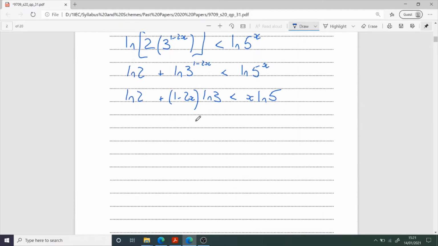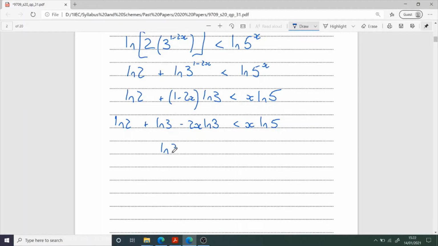We're going to need to isolate the x to get x by itself. I'm going to do this by expanding the term on the left hand side here. So we get ln3 minus 2x ln3 is less than x ln5. Let's add this to get it onto the right hand side.